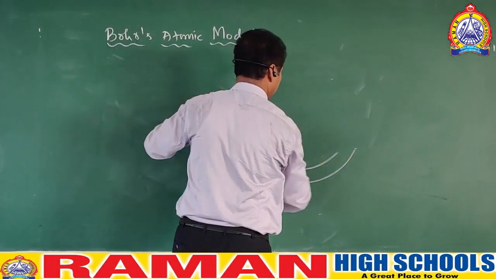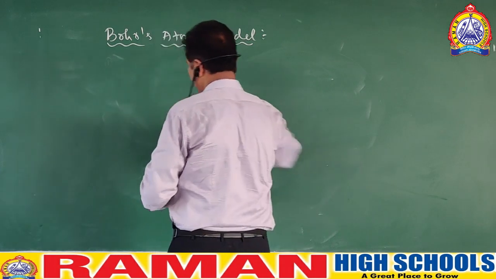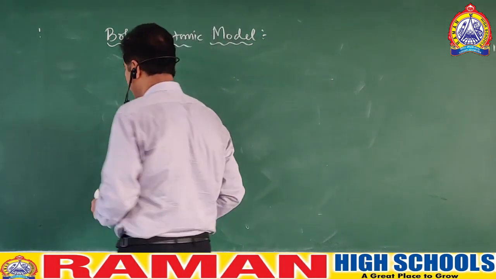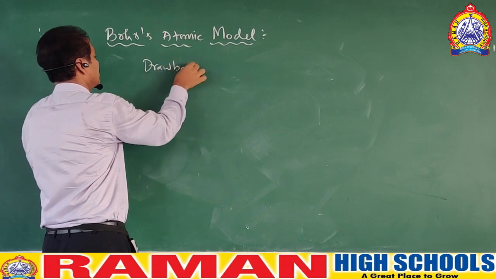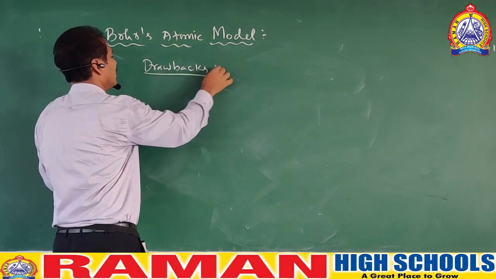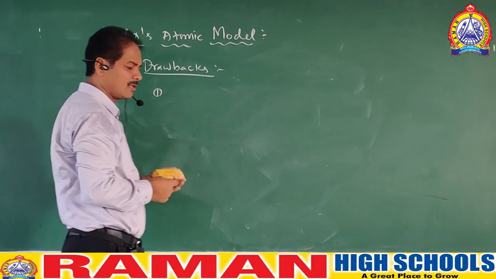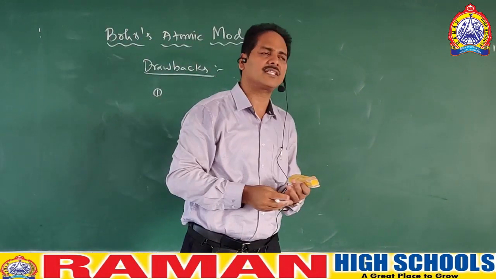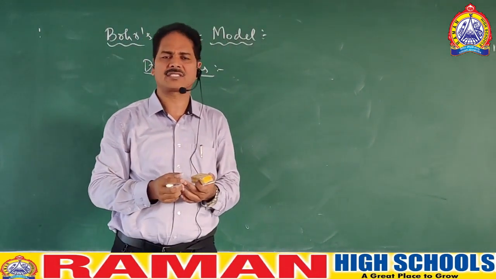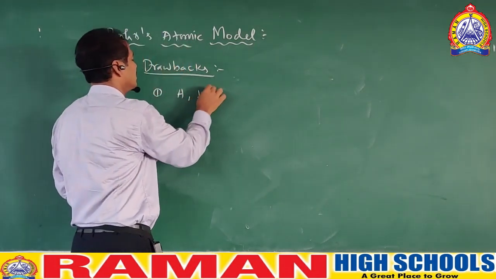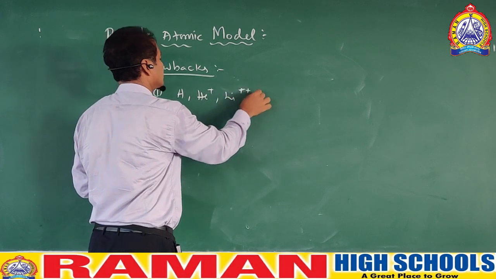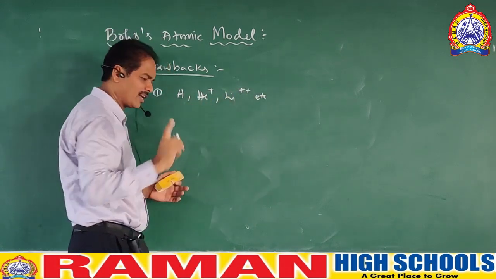So this is about the Niels Bohr atomic model, and let us see, it also has some drawbacks. The drawbacks of Niels Bohr's model are: number one, this atomic model could explain the spectrum of uni-electron atoms like hydrogen, helium plus, lithium plus, etc. All these have only one electron.